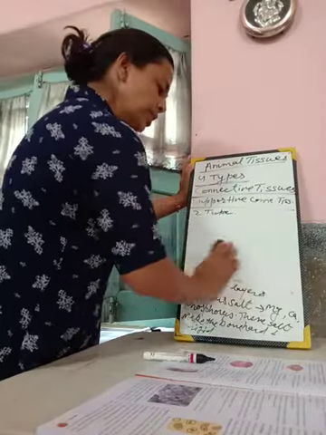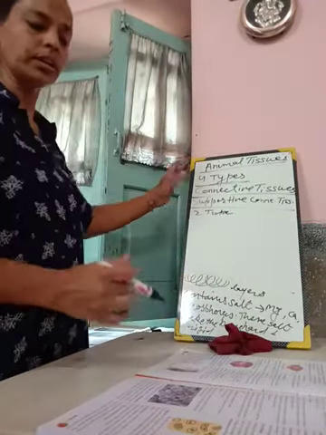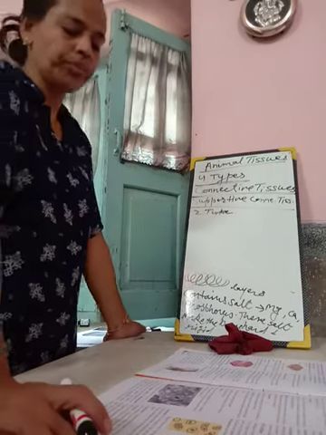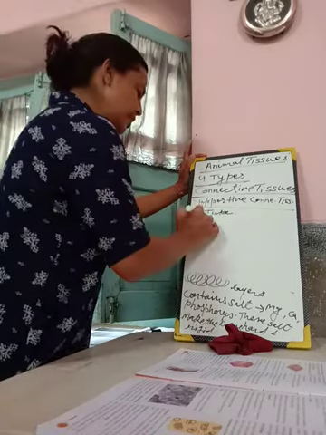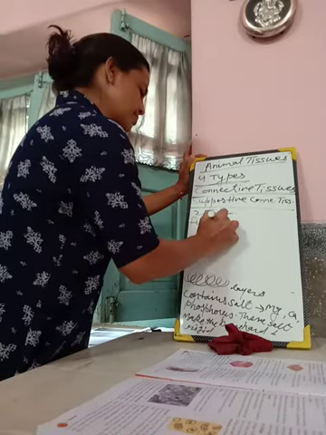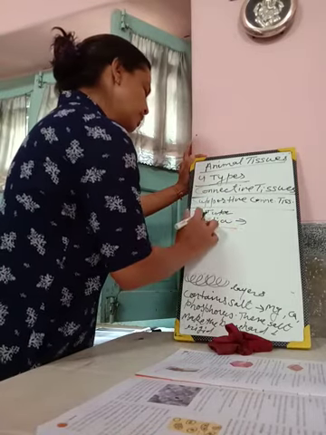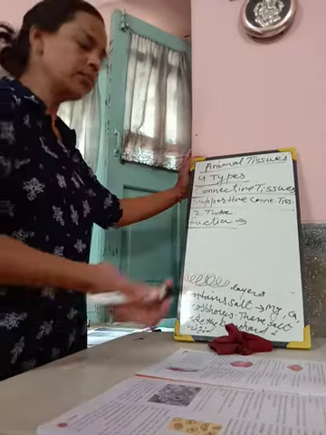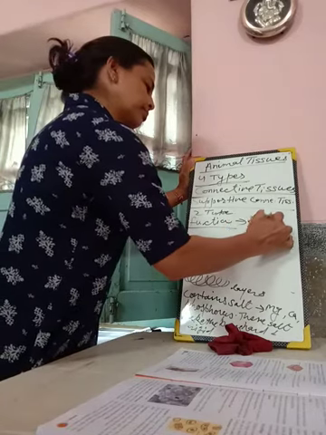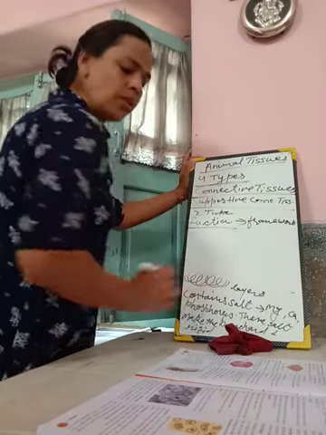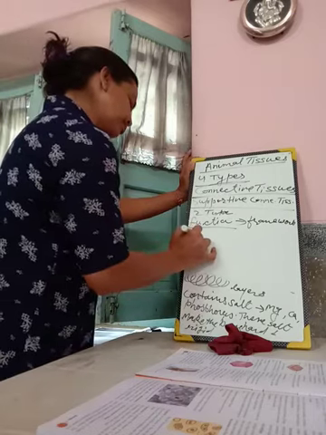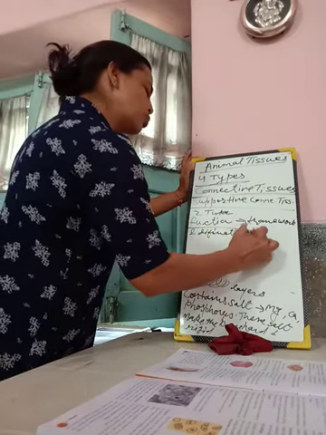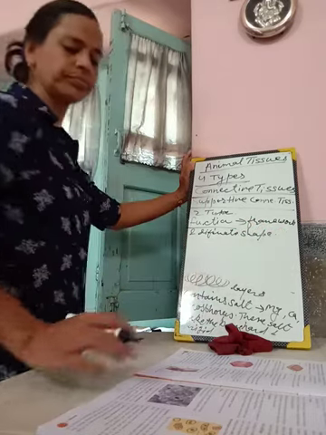Now, location: bone is found all over the body in our skeletal part, from head to toe. What is the function of bones? They give a proper structure and a framework, a definite shape to a living organism.